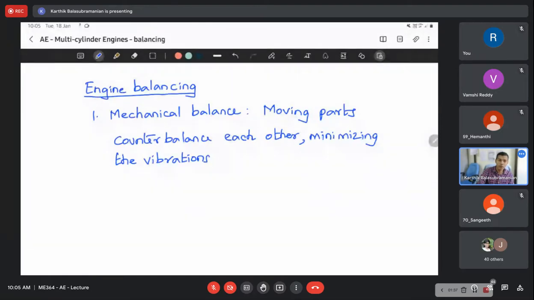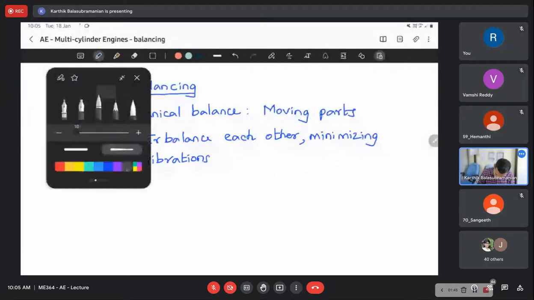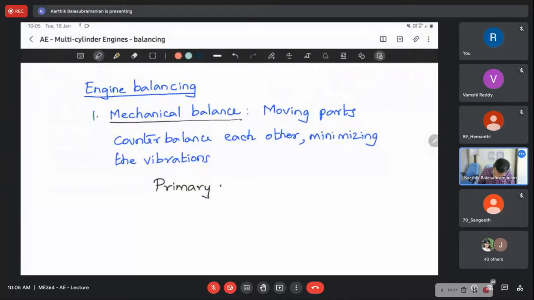So, when we consider mechanical balance, there can be two types of forces. One is called the primary inertia force. What is this primary inertia force?